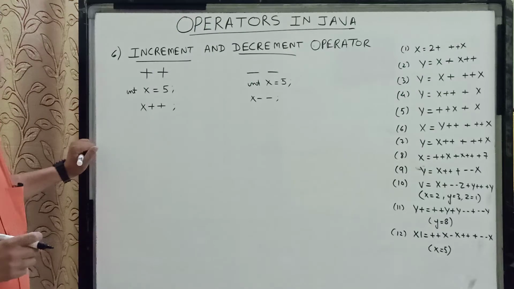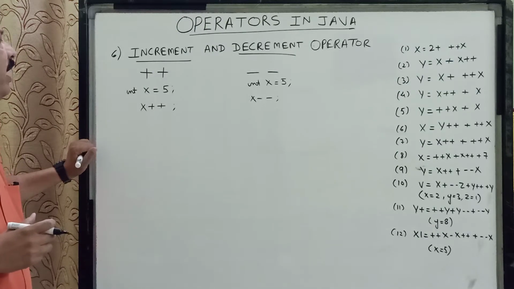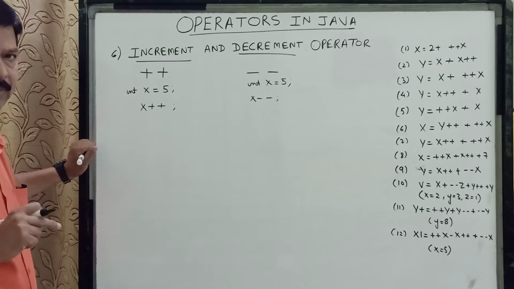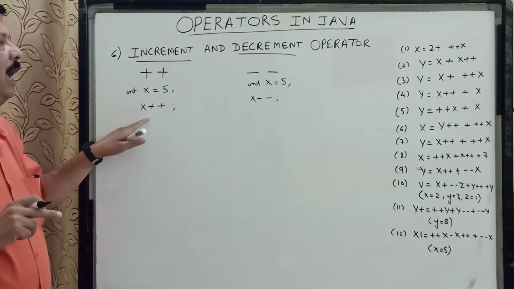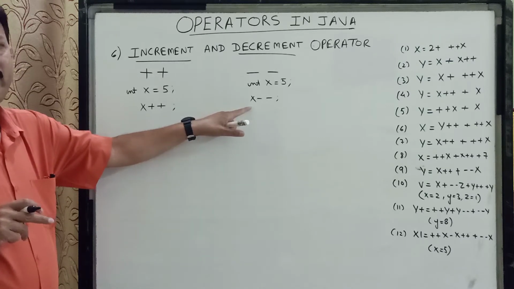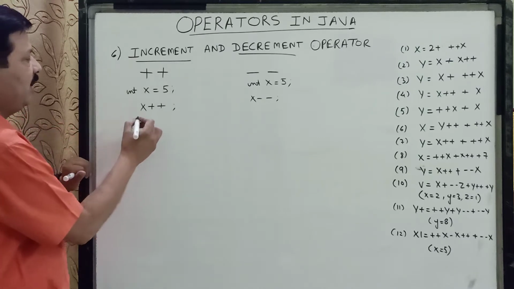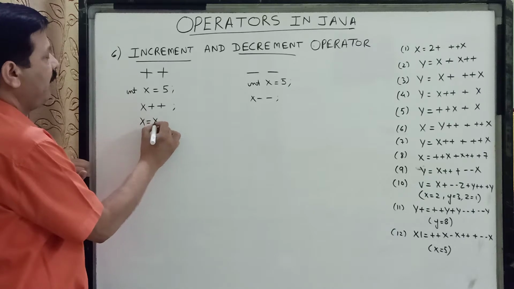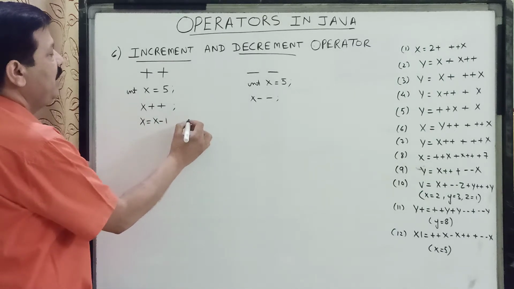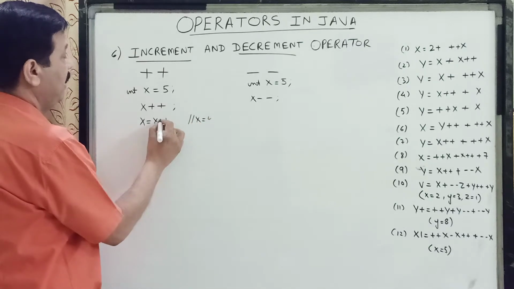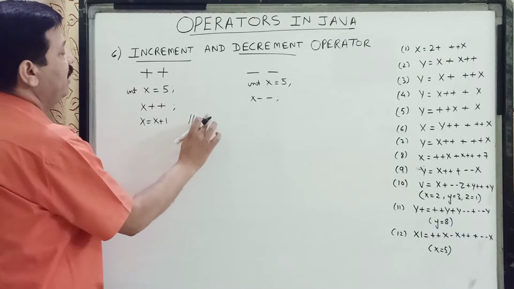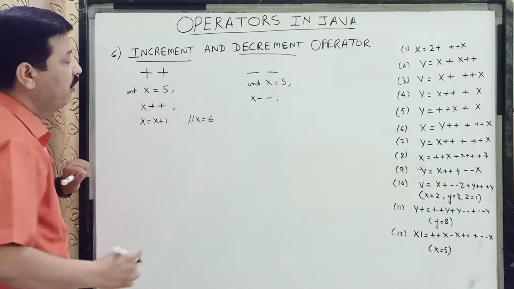Now children, the increment and the decrement operators change the value of the operand by 1. An increment operator increases the value by 1 and the decrement operator decreases the value by 1. So x++ means x = x + 1, which means that the value of x will become 6.